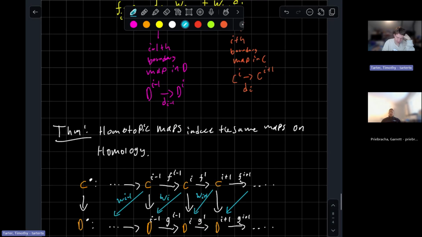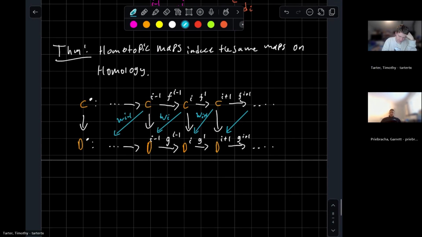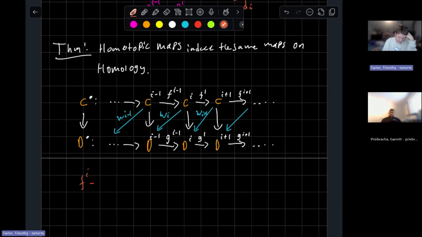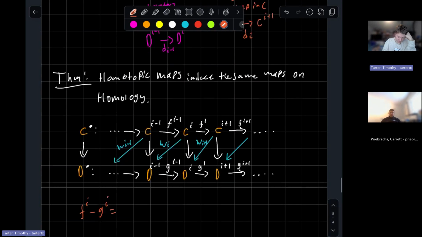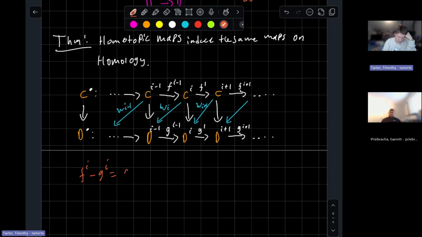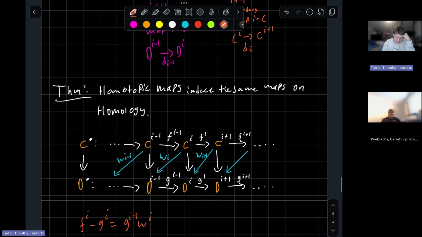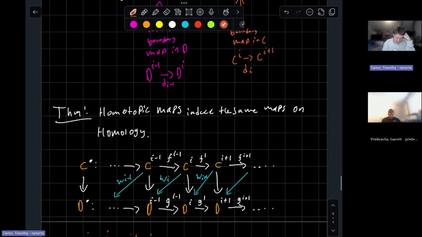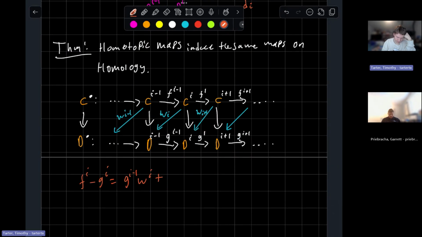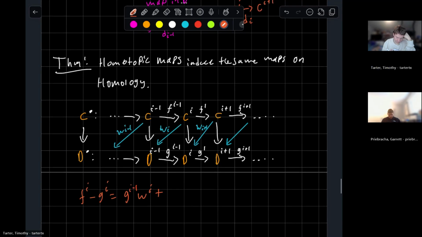So then fi minus gi is equal to di minus 1, which is gi minus 1, wi on the right. That makes sense. Plus wi plus 1 gi.